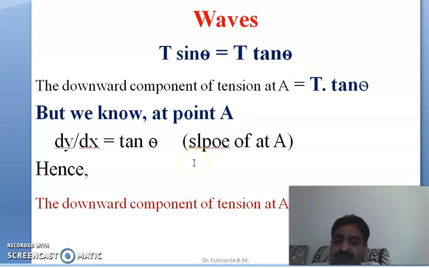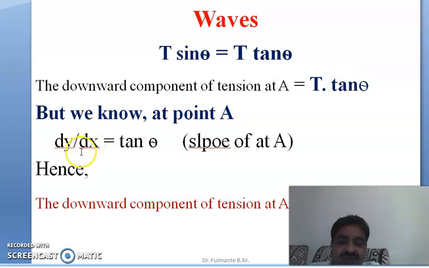But we know that at point A, tan theta is nothing but dy by dx. What is dy by dx? It is the slope at point A. That's why instead of tan theta we write dy by dx.